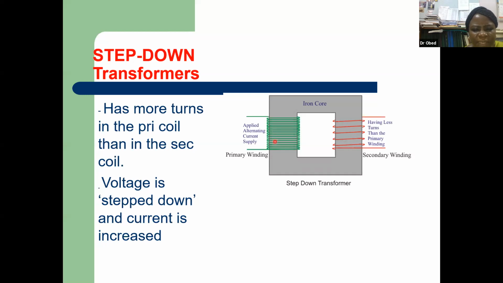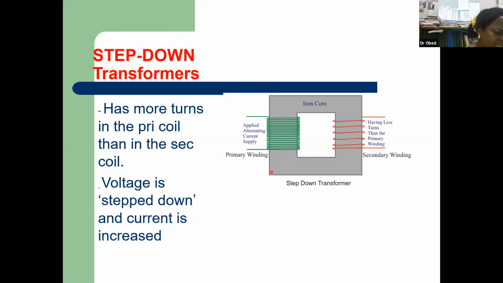So the voltage is stepped down and current is increased. That's the relation. If the secondary coil has fewer turns than the primary does, we have a step-down transformer, like I said. In the usual transformer language, this means that the voltage is stepped down and the current, therefore, is increased.